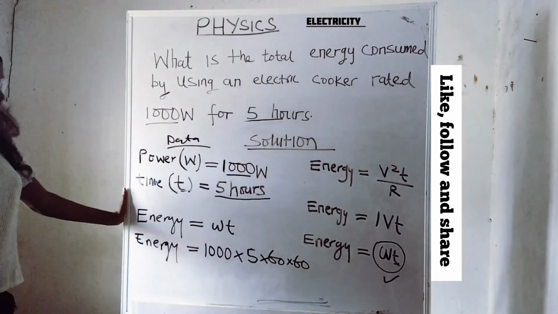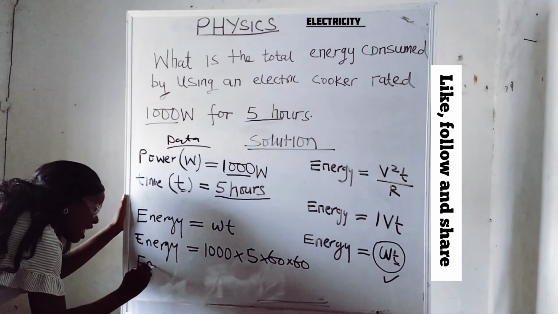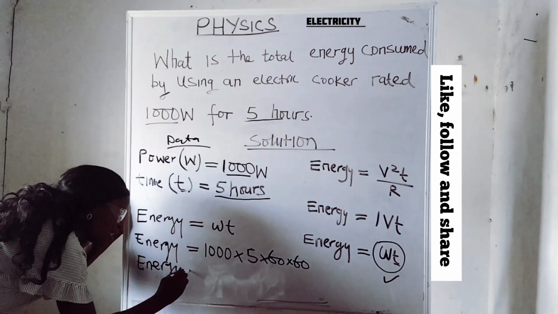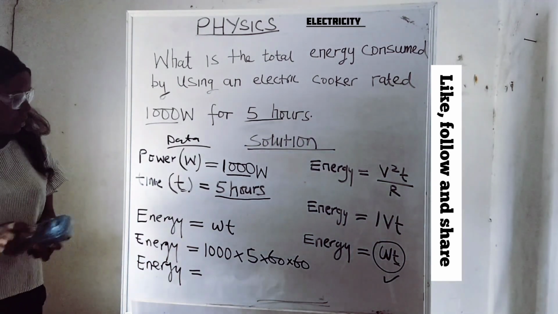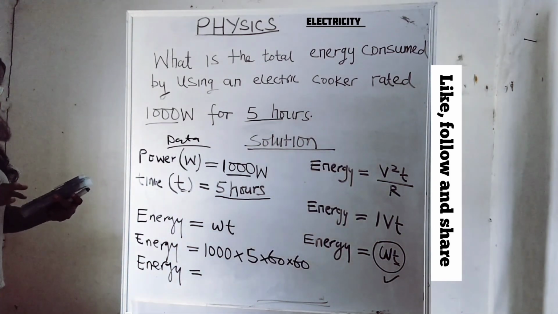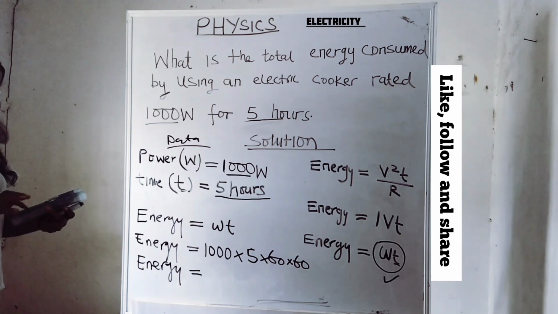And that will give us what? Let me write down our energy first. Energy equals 1000 times 5 times 60 times 60.